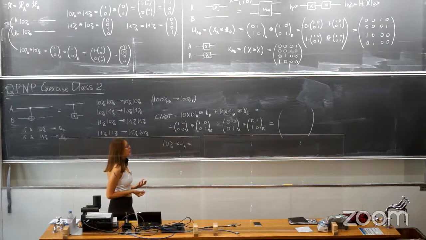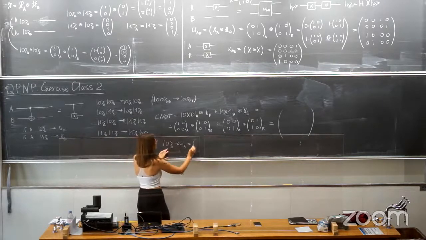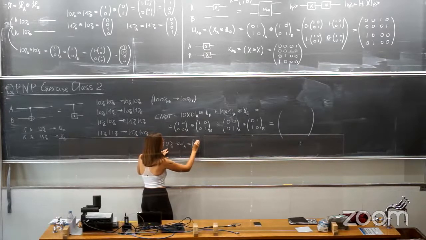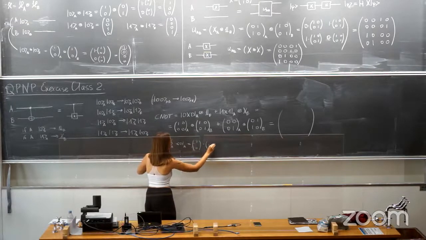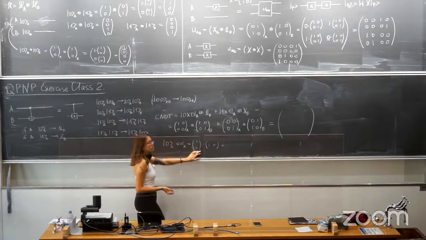Mathematically, you just have two vectors, and you multiply them. If you multiply them, you get a 2 by 2 matrix.